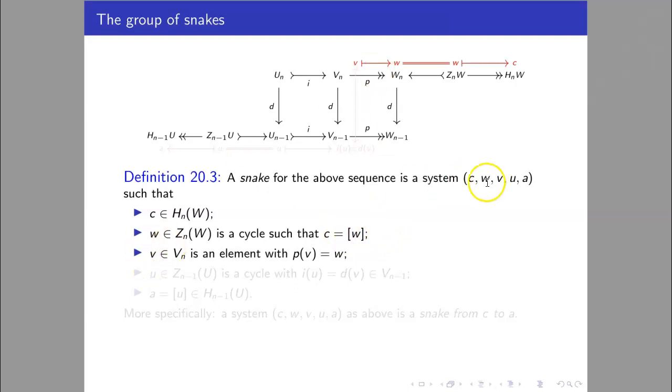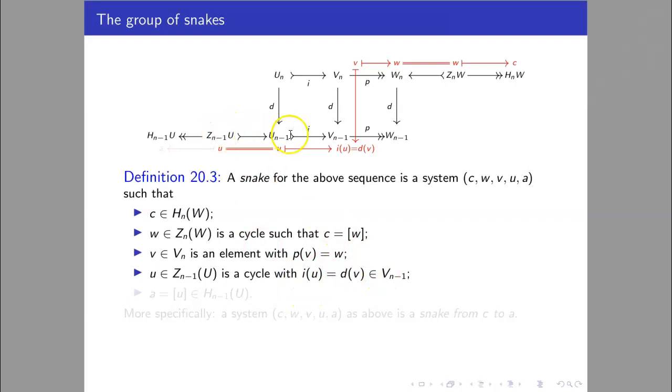Then next v, so you've got w, v, u, a here. So this middle element v is going to be an element in the group V_n, and it's going to have the property that p(v) is going to be equal to w. So under this map p here, the v gets mapped to w. The next element u is a cycle in Z_{n-1}(U) with the property that i(u) is equal to d(v).